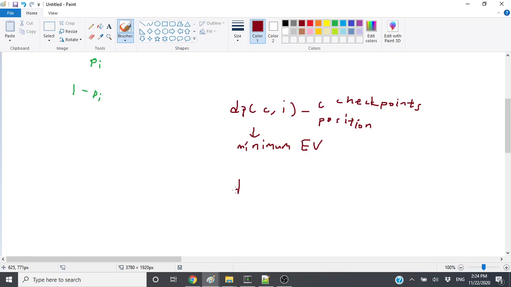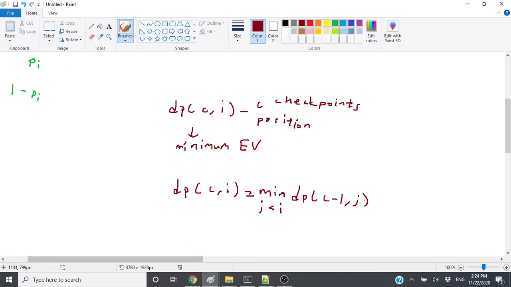So in a sense, this recurrence is simple. dp of c, i is equal to the minimum of values j that are less than i of dp of c minus 1, because we assume we're putting a checkpoint at that place j, plus some cost function.